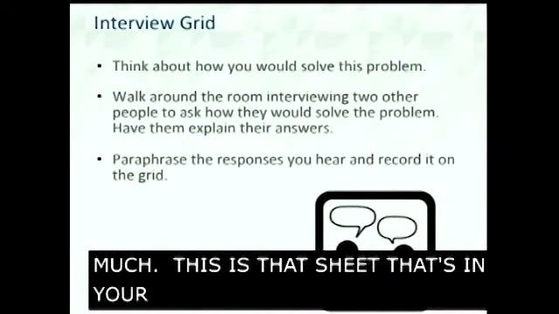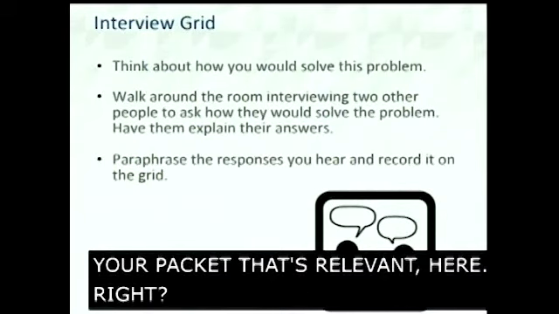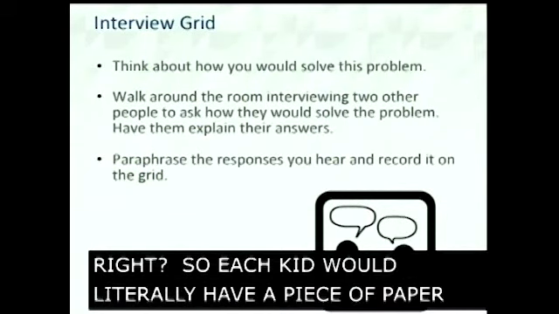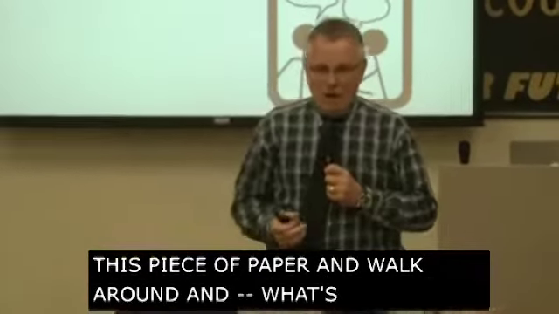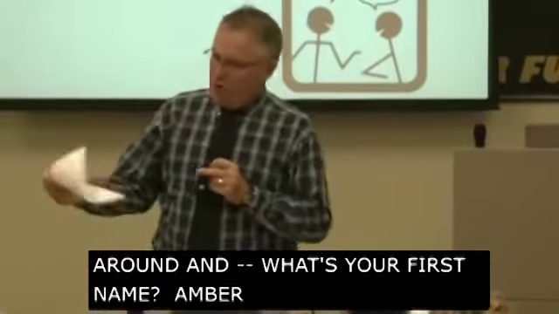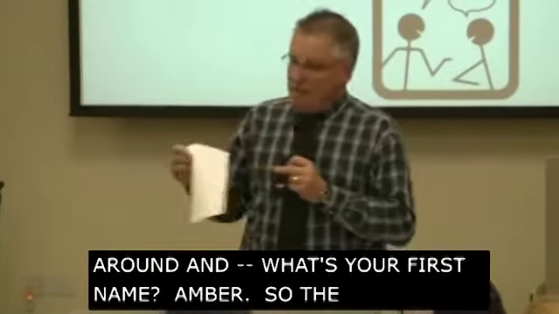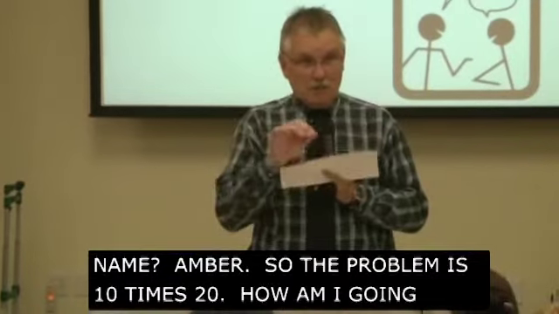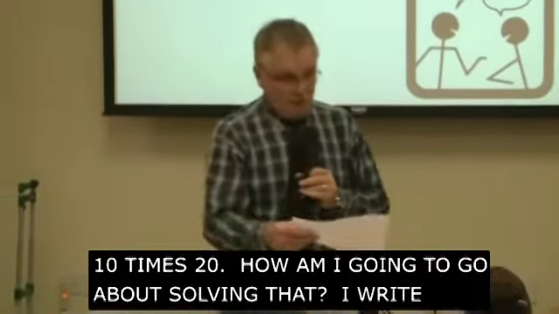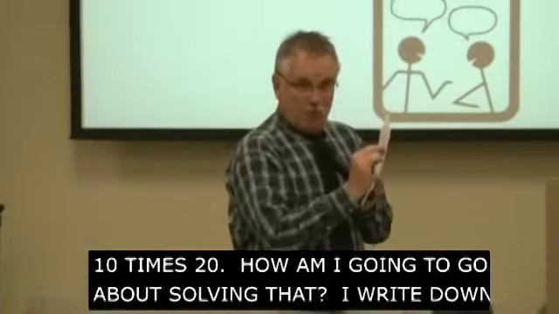Each kid would literally have a piece of paper, this piece of paper, and walk around. What's your first name? Amber. So I'm Amber and the problem is 10 times 20. How am I going to go about solving that? I write down my thoughts before we start the interview, and then I walk around and make my way over to Amber, and that's interview number 1.